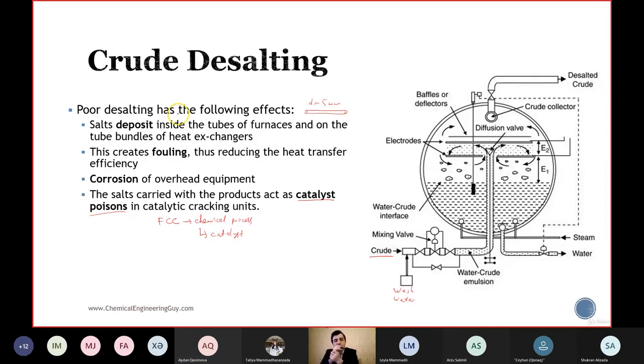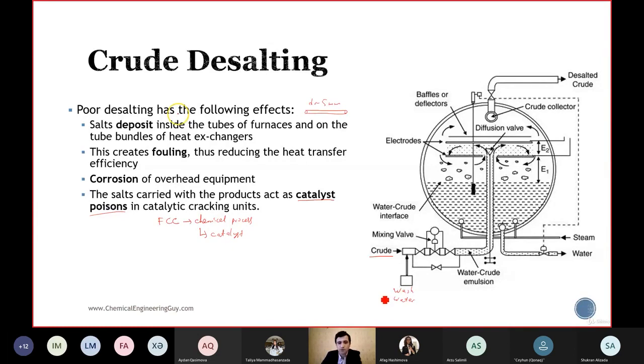Does anyone have another idea? So it is dissolving. There is some relationship between salt and water. Salts can be dissolved in water easily. Maybe we separate them by dissolving salts in the water. Yes, exactly. So this is the more correct answer.